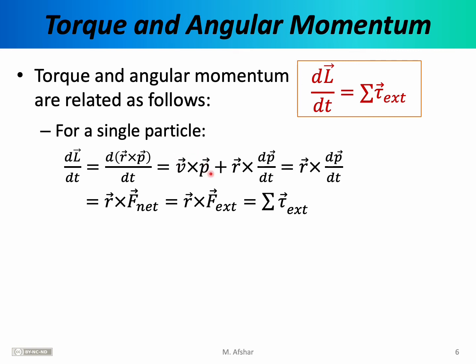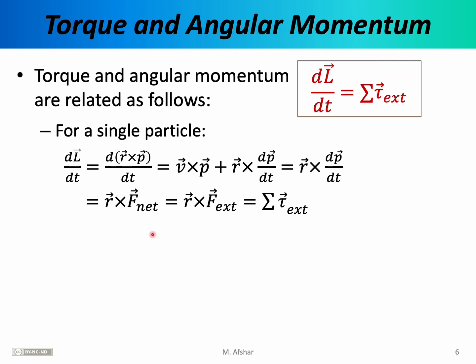Since v and p point in the same direction, the angle between them is 0, so sine of 0 is 0, and therefore v cross p is equal to 0, which means this whole mess simplifies to r cross dp/dt.